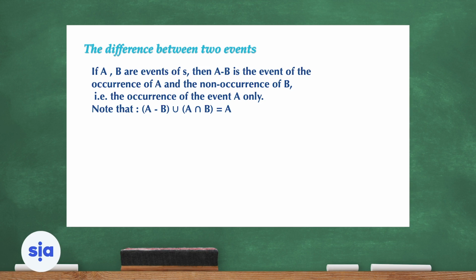Note that A minus B union A intersect B is A. As you can see here in the blue part, this is A minus B. This is whatever is in A, but not in B.